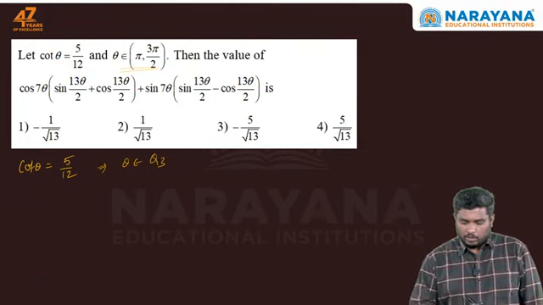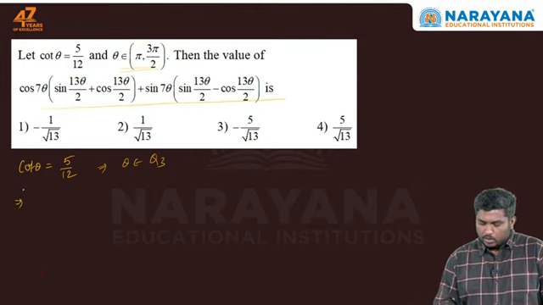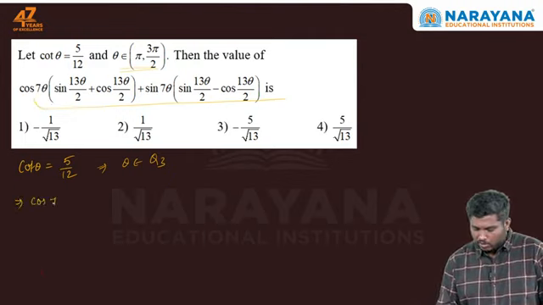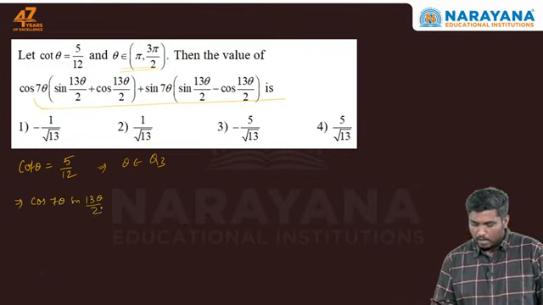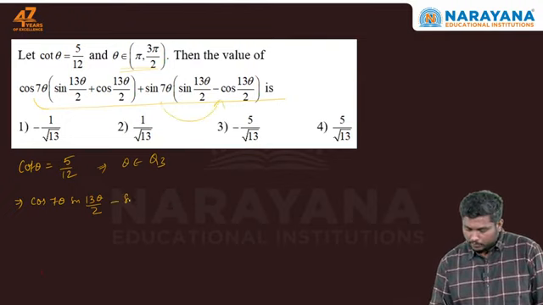Then we'll jump on to the expression. Can you see here cos 7 theta? I'm going to write this as cos 7 theta sine 13 theta by 2, and the second part of it minus sine 7 theta cos 13 theta by 2.